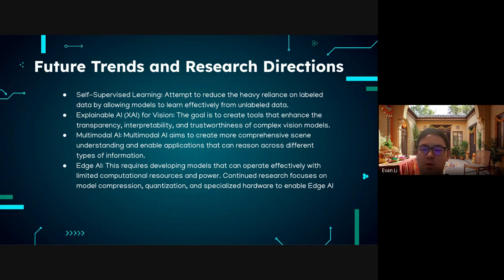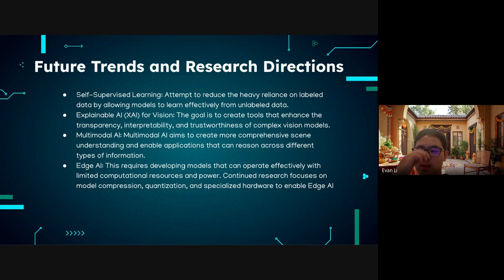Making vision models more explainable is essential for building trust, enabling effective debugging and improvement, and ensuring responsible deployment, particularly in high-stakes applications. The future of computer vision is also inextricably linked to multimodal AI.